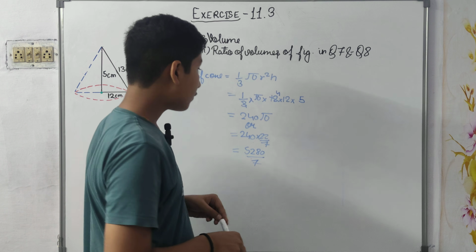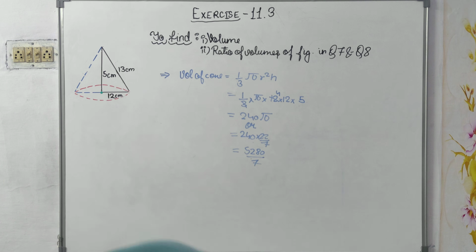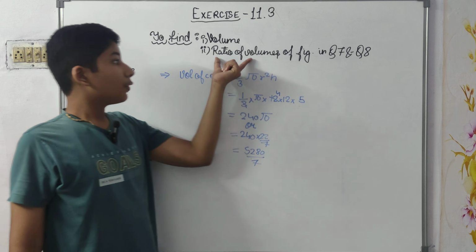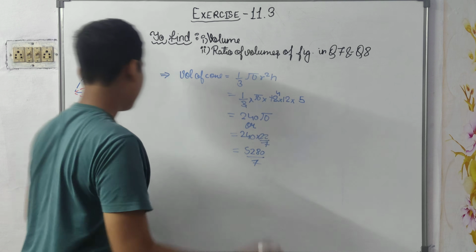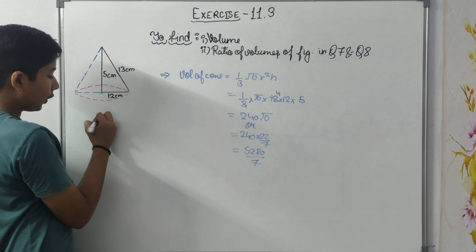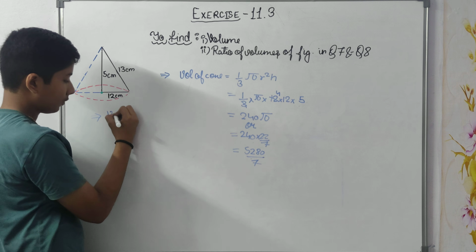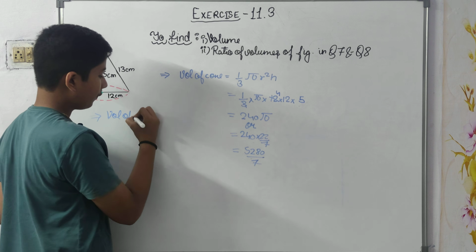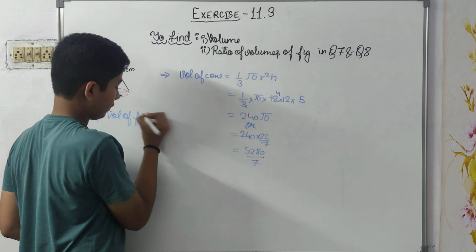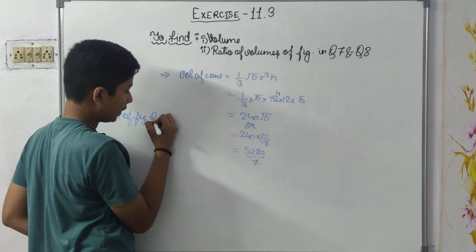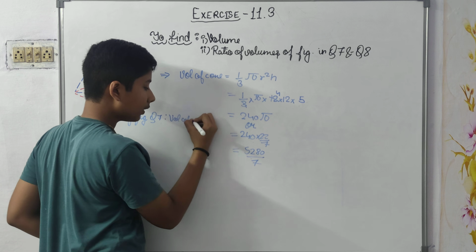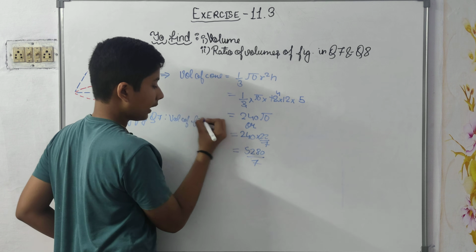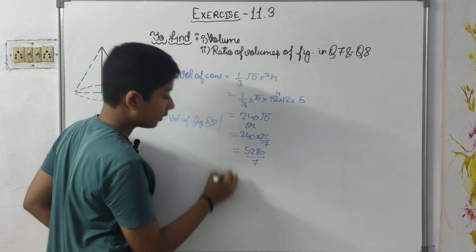Now what we'll do? It was said that we have to find the ratio of the volumes of the figures in question 7 and 8. So the volume of the figure in question 7 to the volume of the figure in question 8.